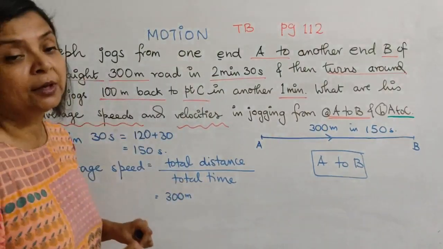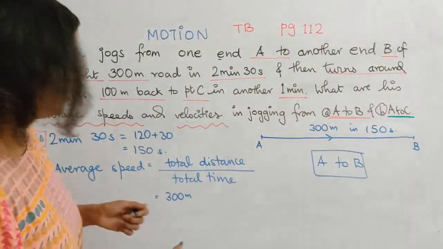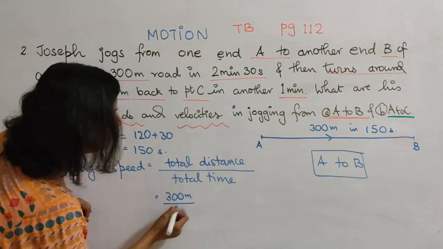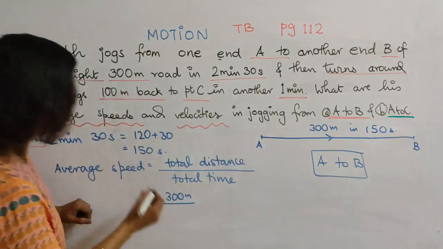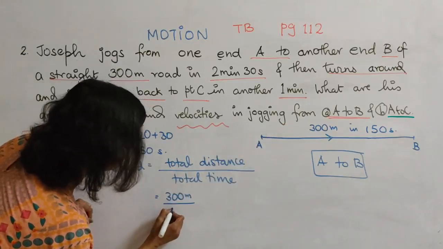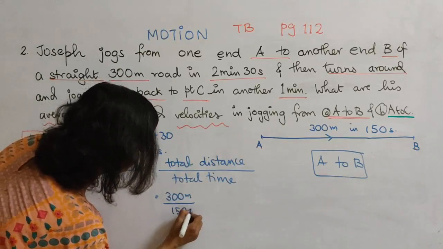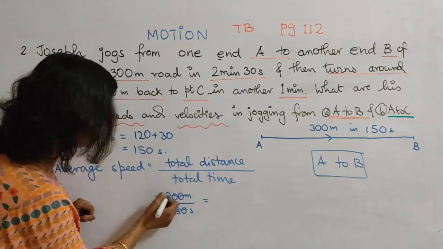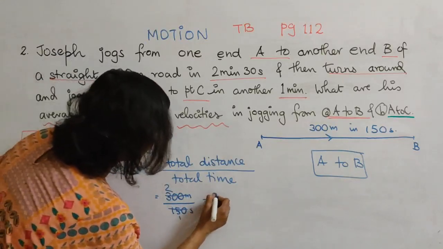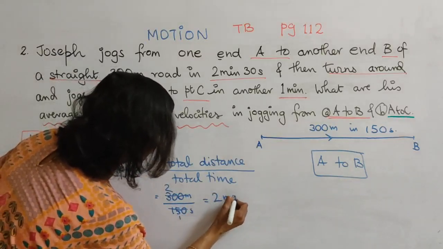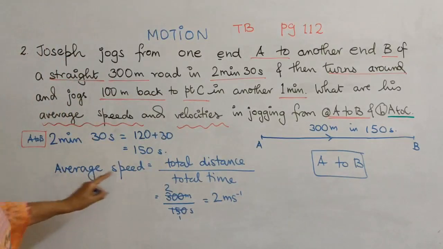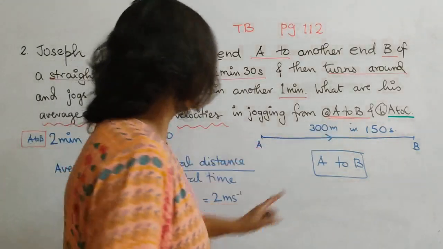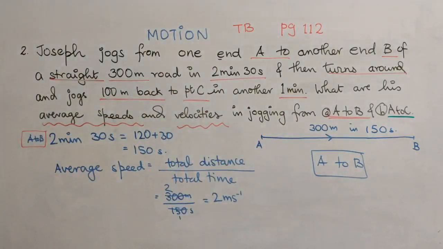As I told you, in the first step it is advisable to write the units, and the total time is, as we converted here, 2 minutes 30 seconds or 2.5 minutes is 150 seconds. So it is very obviously 2, right? So the average speed from A to B is 2 meters per second.